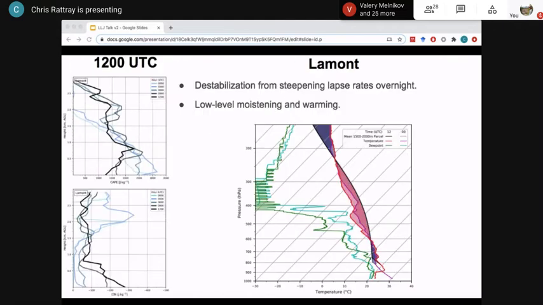Take a closer look at the changes at Lamont. We see that CAPE increased above 500 meters and CIN was reduced, and you can see the change in the lapse rates between the earlier and later times. We also see moistening evident in the SKEW-T profile below 700 millibars.